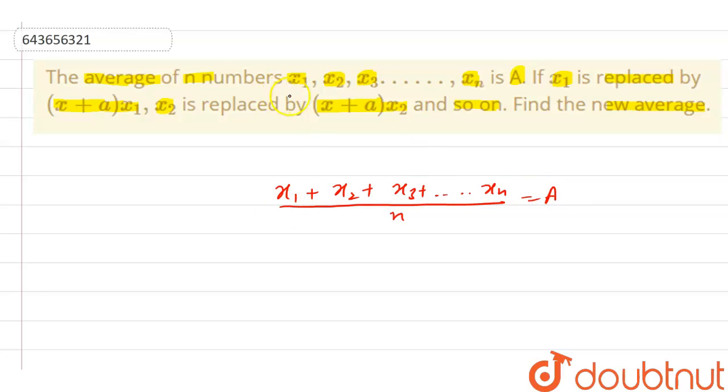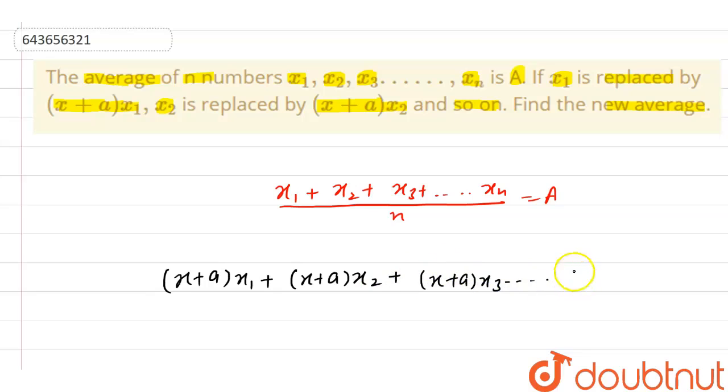Here the average of these numbers is a, and the question says that if these x1, x2, x3 and all of these are replaced, x1 as x plus a into x1, x2 as x plus a into x2, x3 as x plus a into x3 and so on up to xn as x plus a into xn, right?